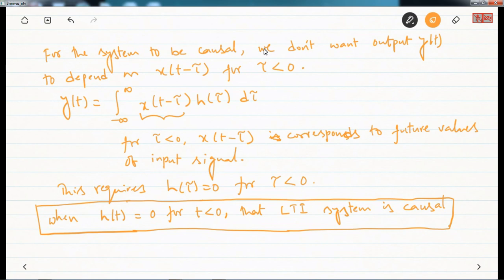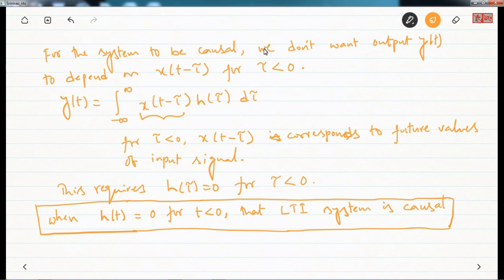You can go back to the previous examples of a causal system and find its impulse response, and then see whether it is 0 for t less than 0 or not.